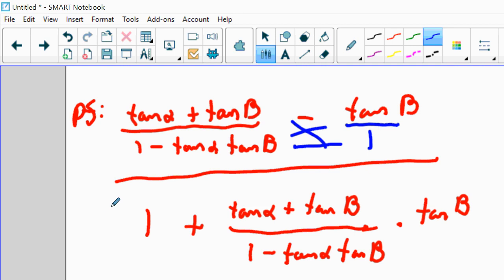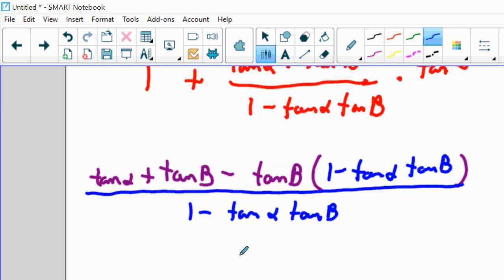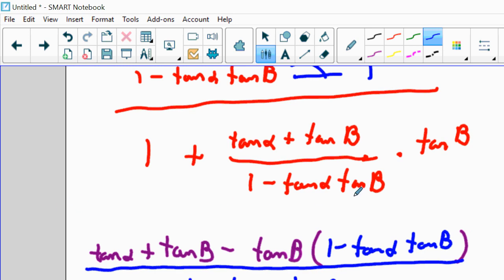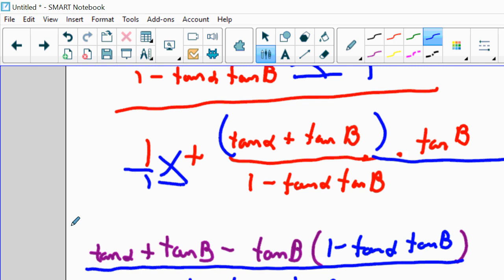So tangent alpha plus tangent beta minus tangent beta times 1 minus tangent alpha tangent beta, over 1 minus tangent alpha tangent beta, all over crisscross applesauce, 1 minus tangent alpha tangent beta plus tangent beta times tangent alpha plus tangent beta, all over 1 minus tangent alpha tangent beta.